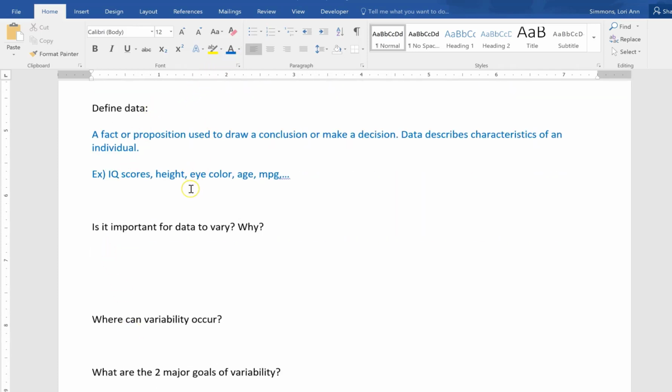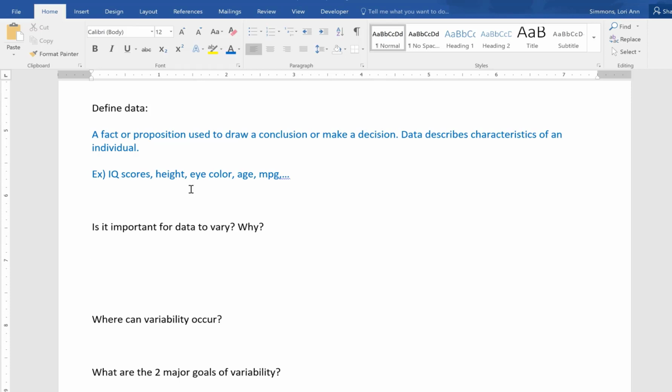So if we were to do an experiment on something, would it be important for the data to vary? So think of, do you think there are any experiments out there that figure out how many hearts or brains are in a human body? Probably not, because we know that there is one brain and one heart in humans. So that is not interesting to us.